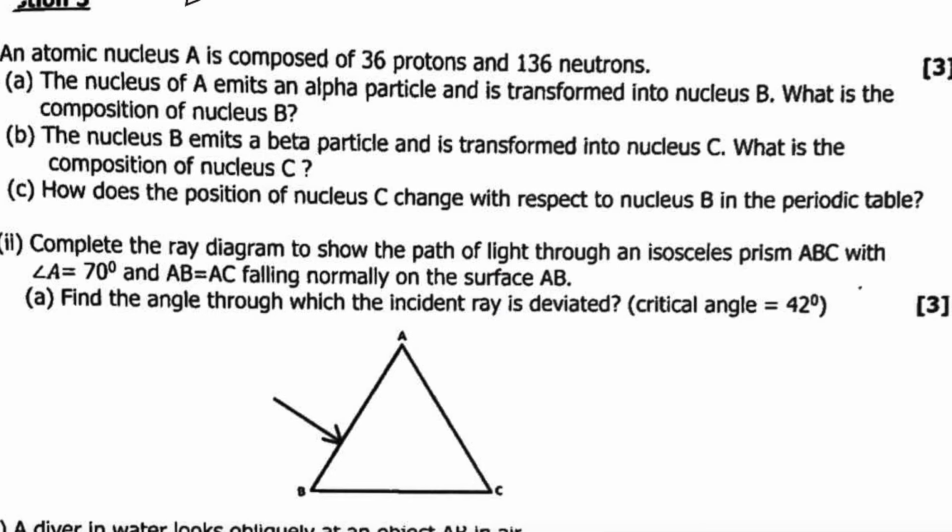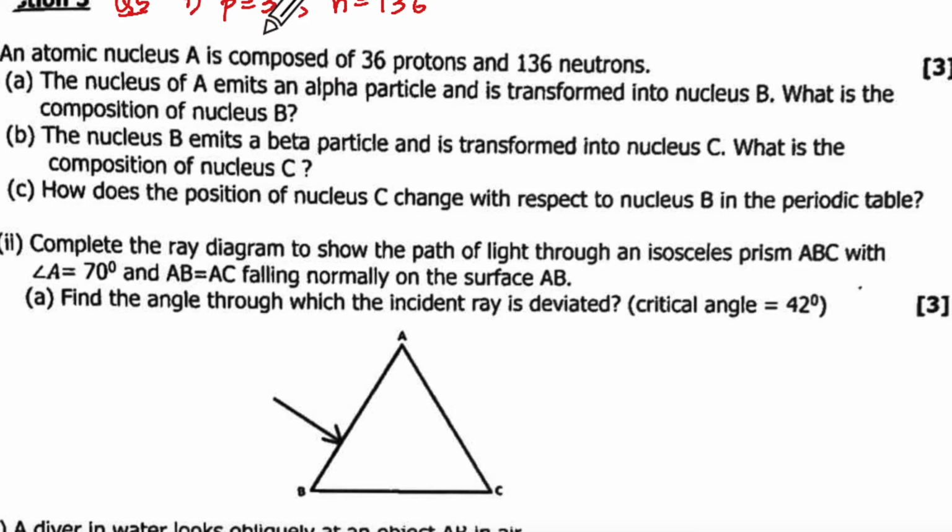Question number 5. Atomic nucleus A has 36 protons, 136 neutrons. So the number of protons is 36, and the number of neutrons is 136. Nucleus A emits an alpha particle, gets transformed to B, and we want the composition of it.